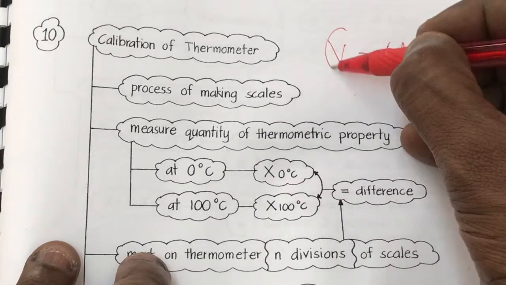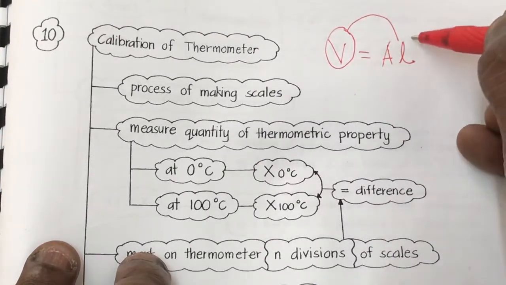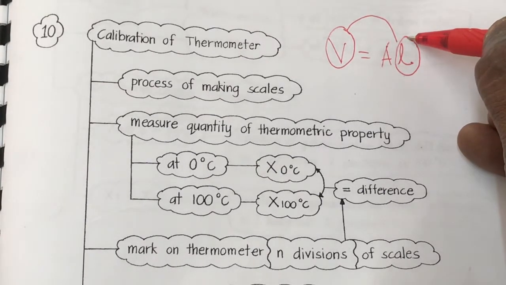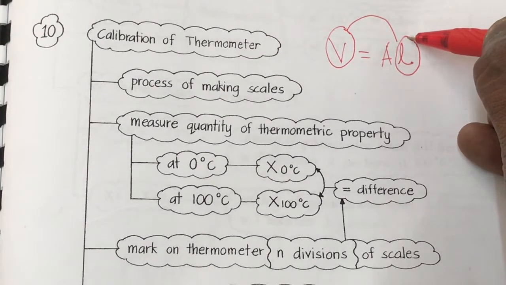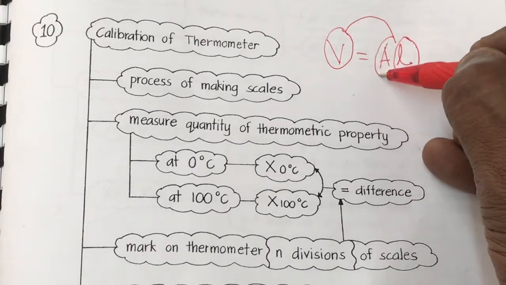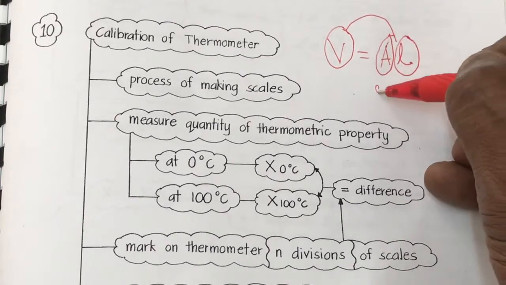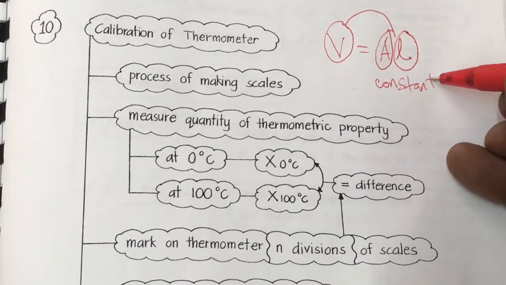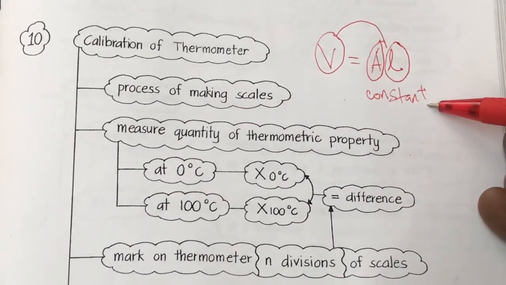So measuring volume would be the same as measuring the length of the mercury, because the capillary tube which has the mercury has the same cross-section area. So this was constant. In that capillary tube, the cross-section area A was constant.